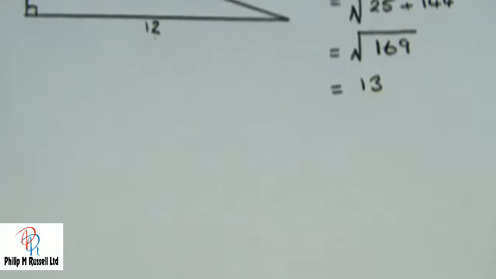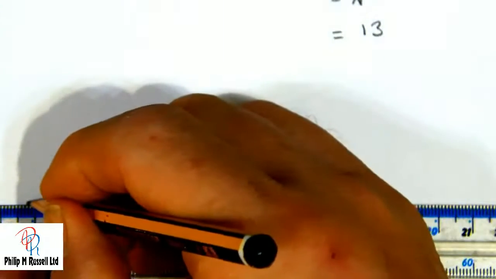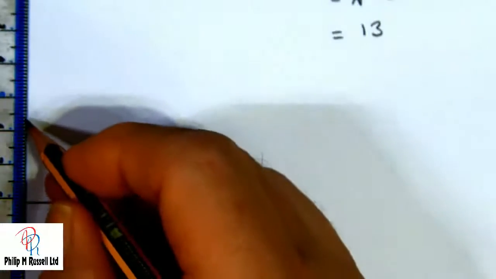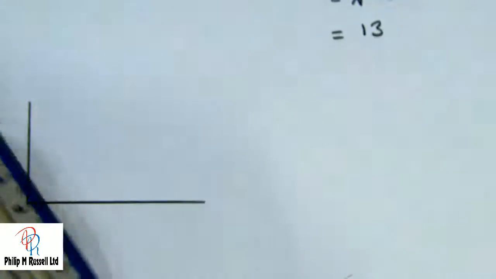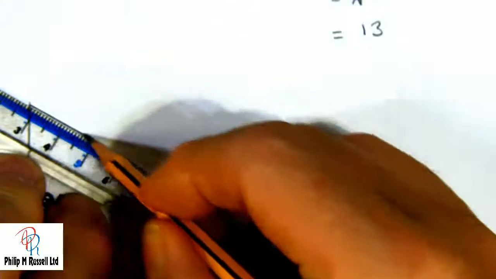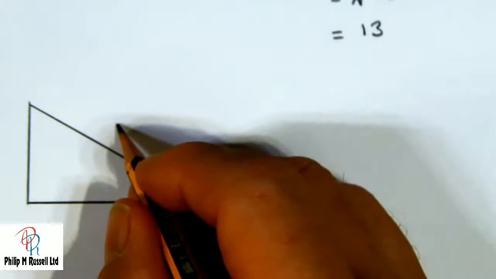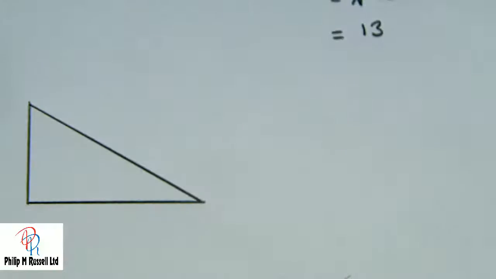So Pythagoras, not that difficult, but let's look at one where you might have a different problem to try and solve. It might be one where we've got not such nice numbers, and they might give us the hypotenuse this time.